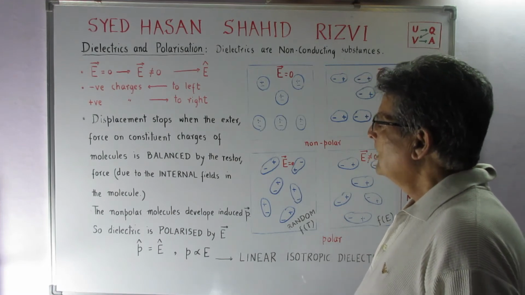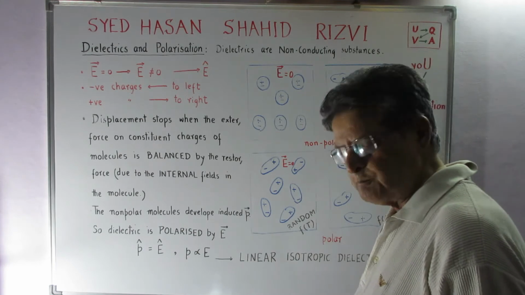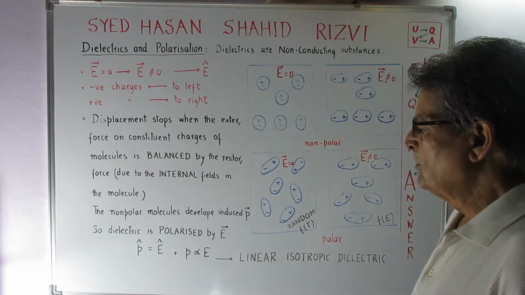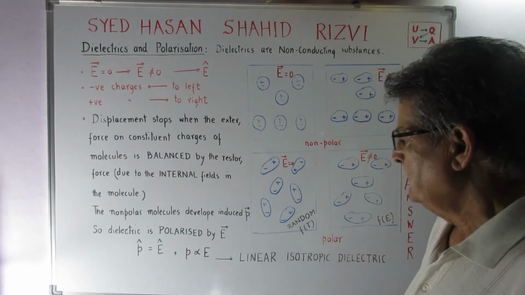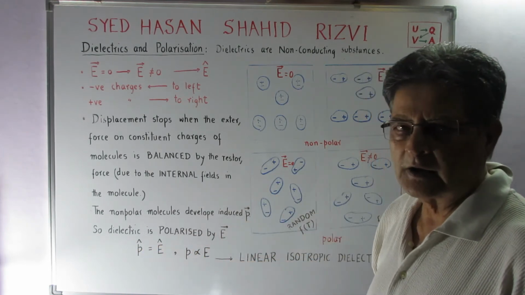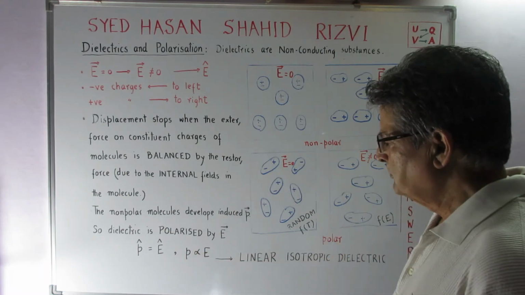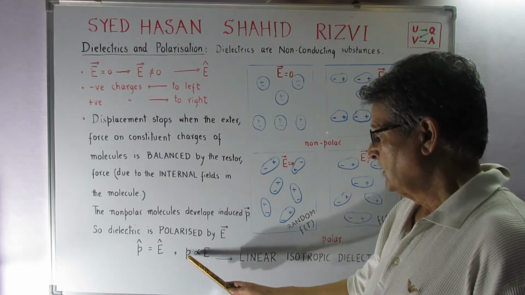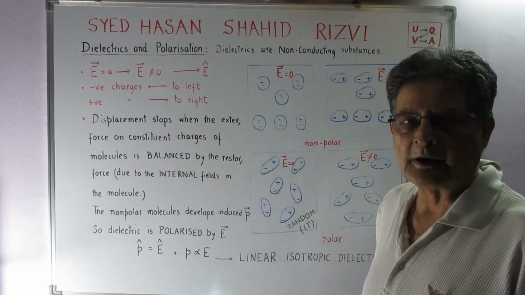So the dielectric is polarized by the external electric field in such a way that the dipole moment vector which is developed over there, the P and E, are in the same direction. So P cap is equal to E cap, and also the polarization P is proportional to the magnitude of the electric field.